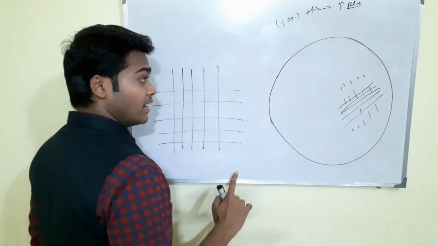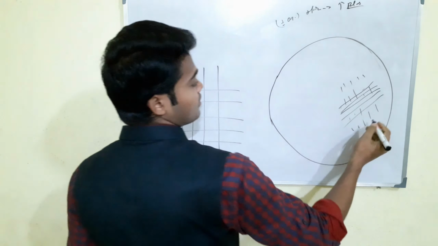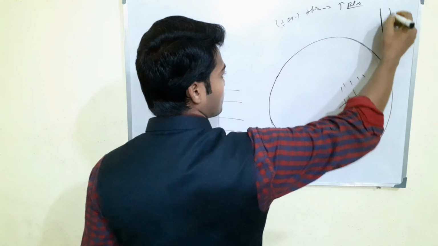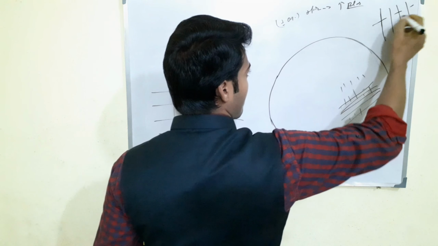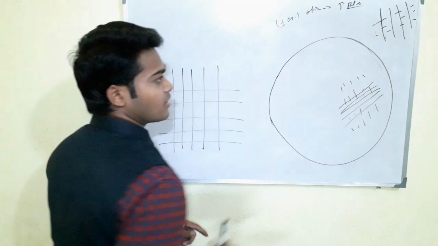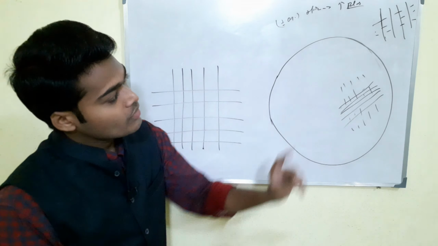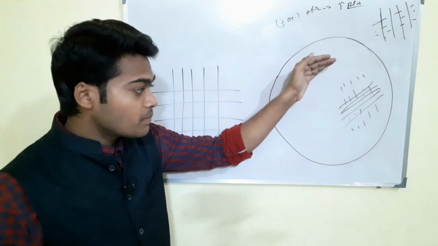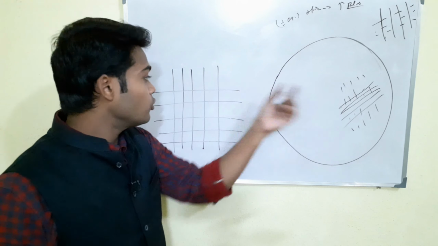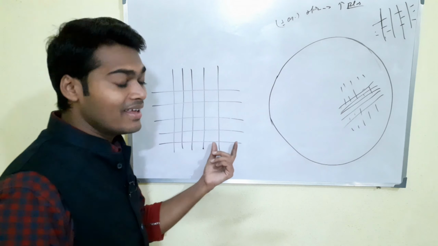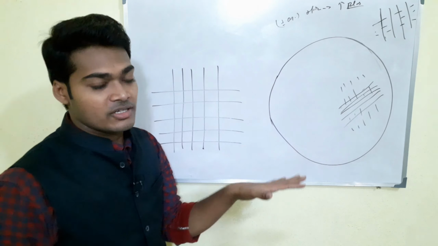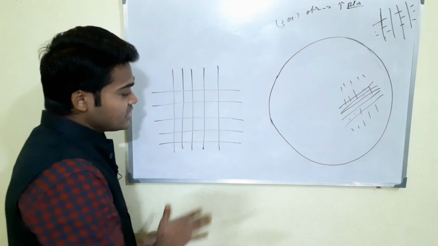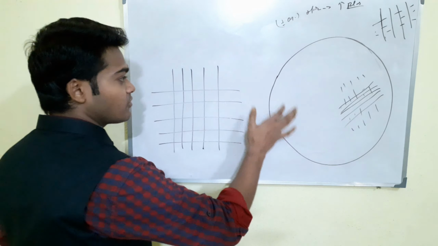And if the patient says the vertical is clear, then you reduce the plus power. And when both lines or both bars are getting clear, it means your tentative presbyopic addition is perfect.